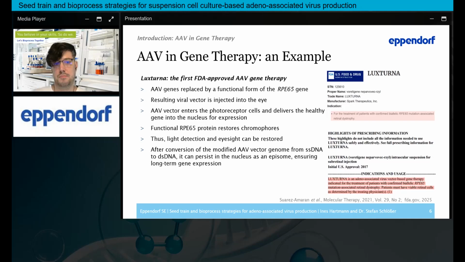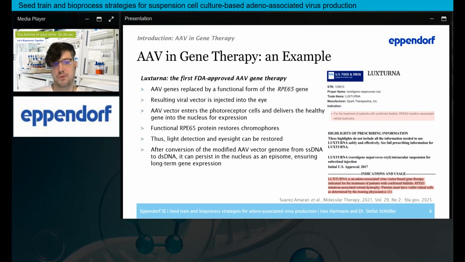And this makes basically a viral vector out of this AAV particle, which can then be injected into the eye. Here, the vector will enter the photoreceptor cell and deliver the healthy gene into the nucleus for expression. This means the patient suddenly has a functional RPE65 protein with an enzymatic activity to restore chromophores in the eyes. And this can then restore light detection and eyesight.